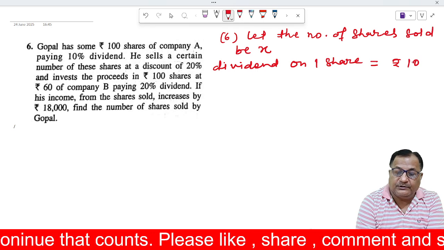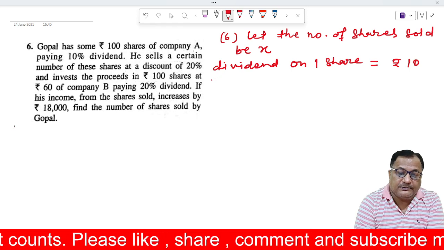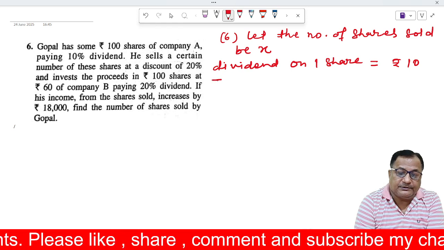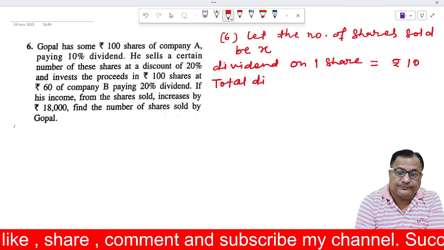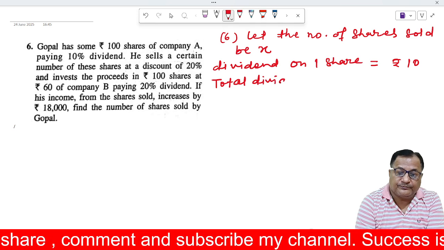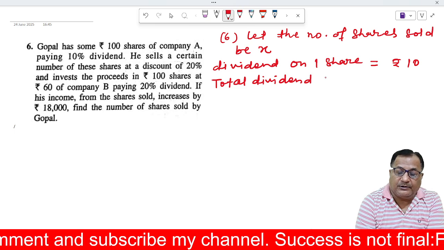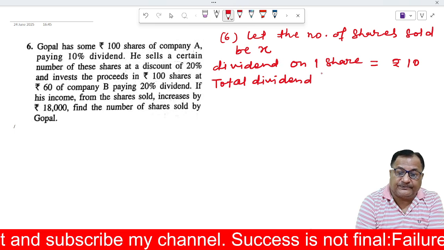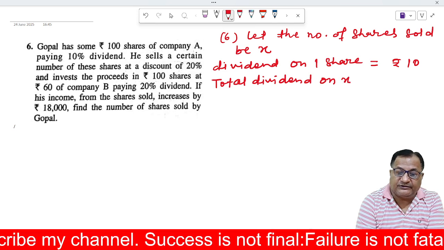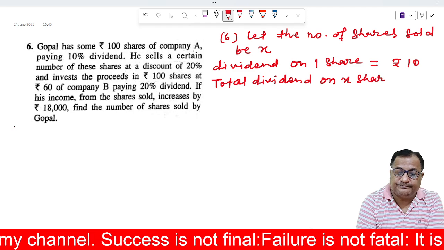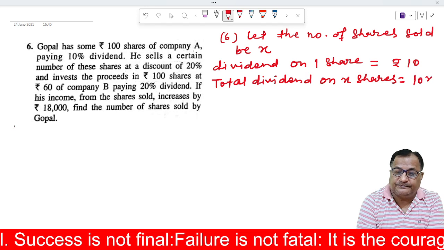Earlier it was 10. So the total dividend on X shares is equal to 10x.